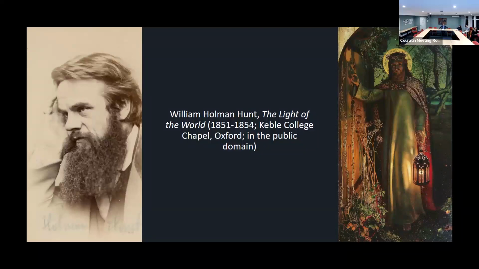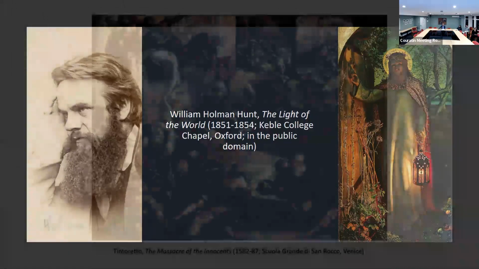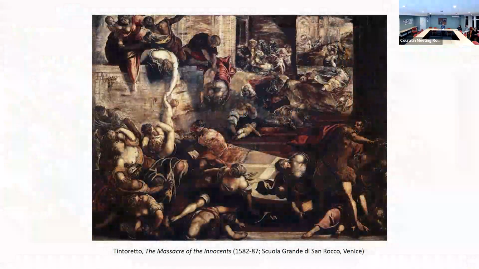And it certainly contrasts with very violent images of the Massacre of the Innocents that Hunt would have seen when he travelled in Italy. We know for sure that he saw this painting by Tintoretto in Venice, because he was with John Ruskin, and the two of them saw this together in 1869.